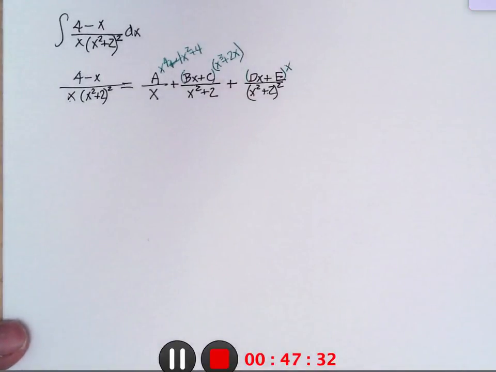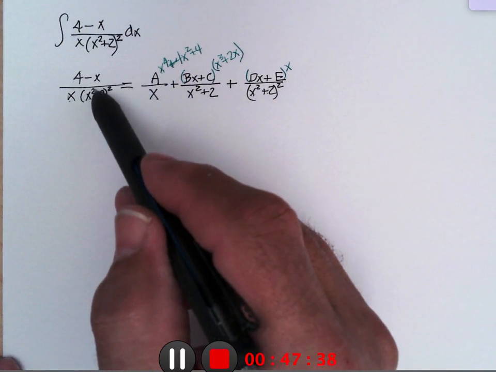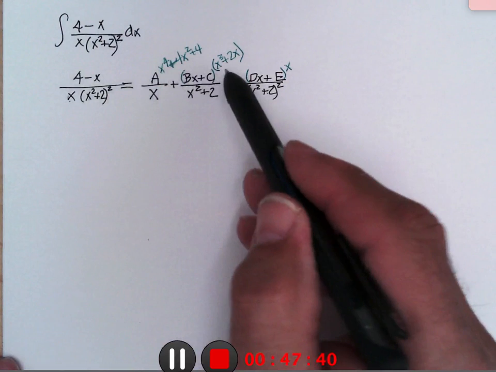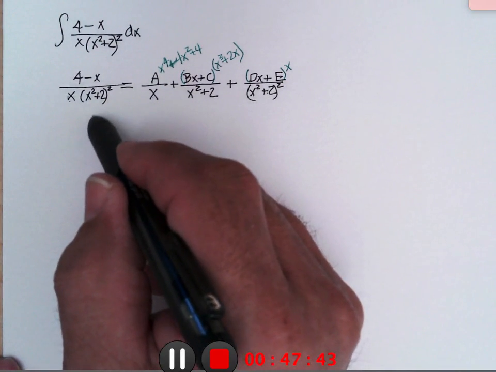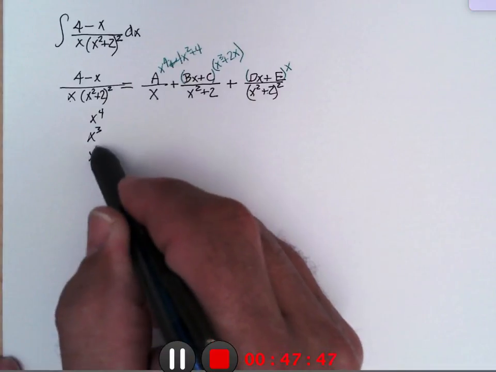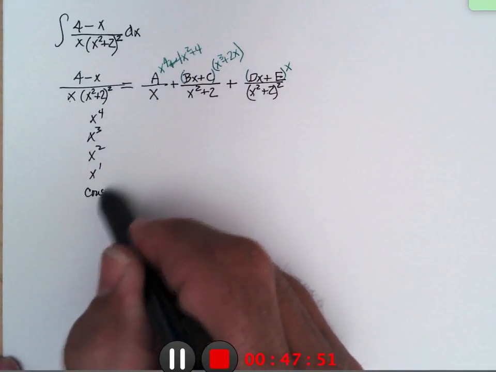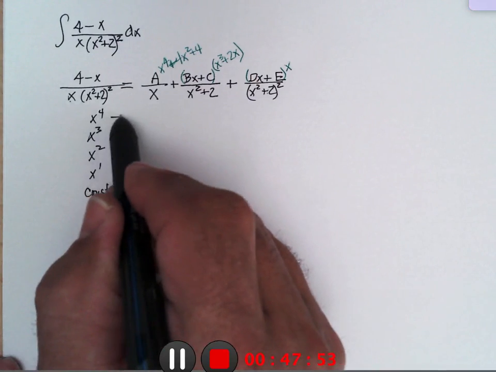So now I'm ready to solve for my a, b, c, d, and e, and my highest power of x is x to the 4th. So I have to look at x to the 4th, then x to the 3rd, then x to the 2nd, then x to the 1st, and then the constant. So x to the 4th, none here.